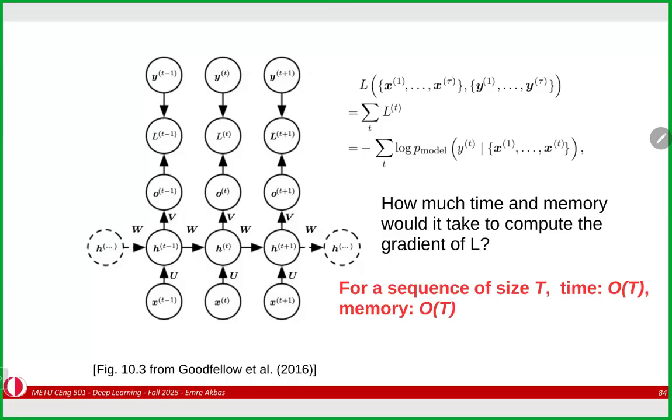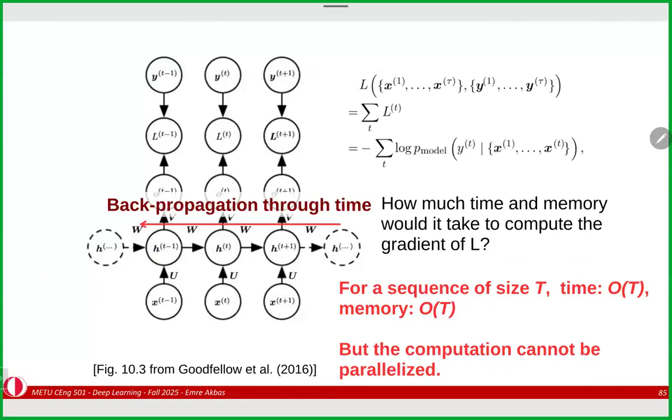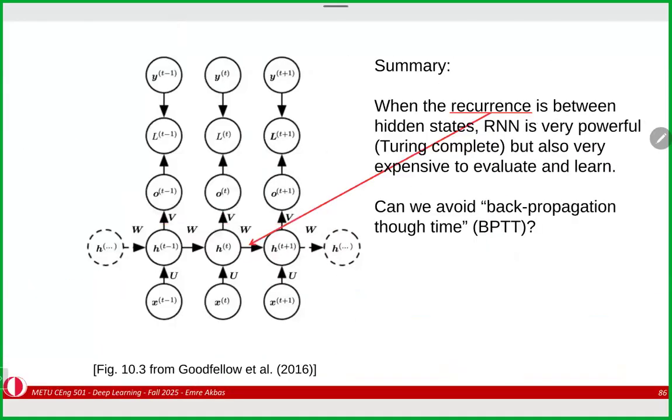So no problem in terms of efficiency, but the problem is the computation cannot be parallelized, because the last output element in your sequence depends on everything before it. You cannot parallelize this computation. That's the bottleneck with RNNs, and this bottleneck is happening because of the recurrence between hidden states.